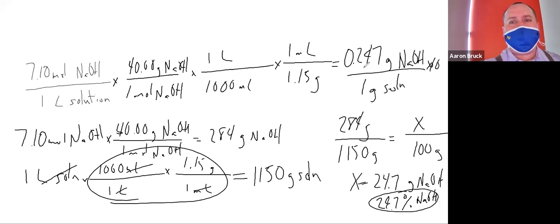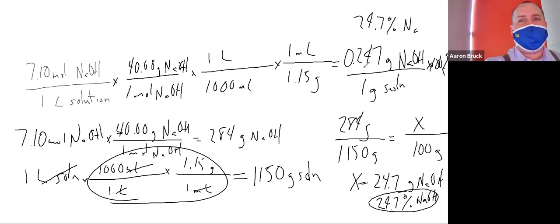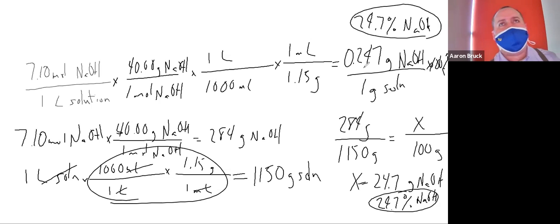If I multiply that by 100, I get the same 24.7% sodium hydroxide. So again, either way that we split it, we end up in exactly, or at least close to exactly, the same place. It's just a matter of personal preference. Even the proportionality is a perfectly viable way of doing percentages because it is a ratio of ratios. But not everybody's wired to think that way. I recognize that, and so that's why I try to give you multiple ways of doing each problem.